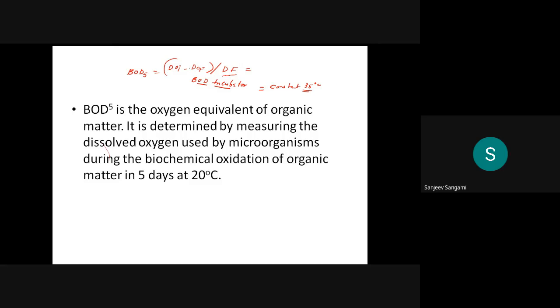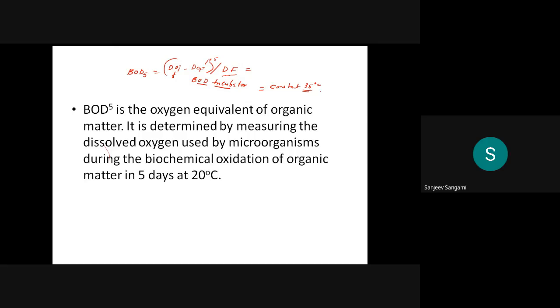Normally we will go with the first day, that is the DO initial. We'll find it out. Then the DO final we'll find out after 5 days. The experiment protocol is there to find this out.